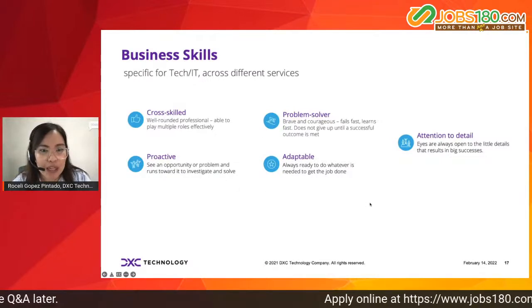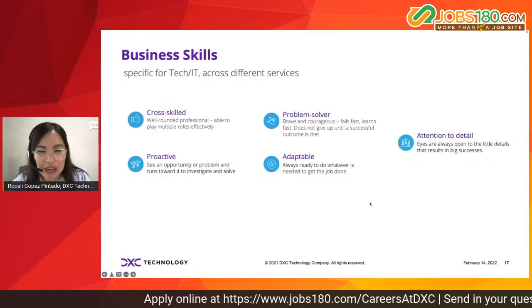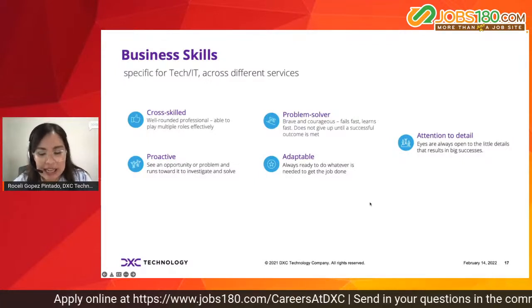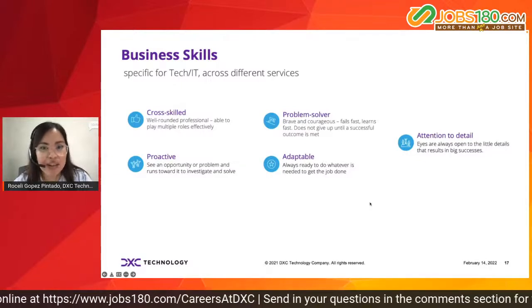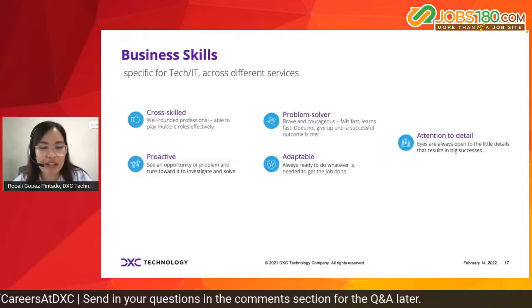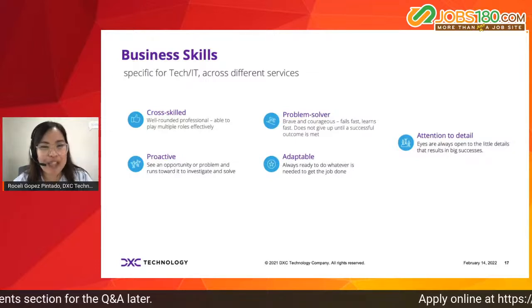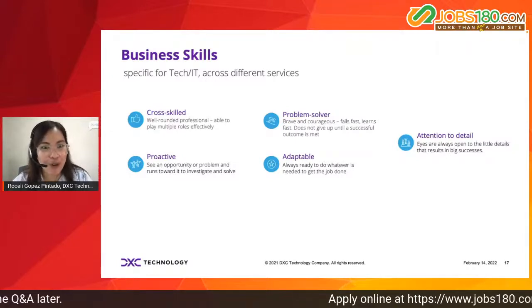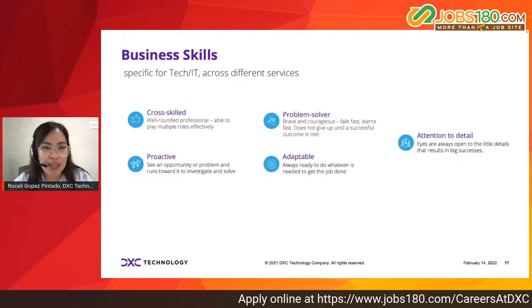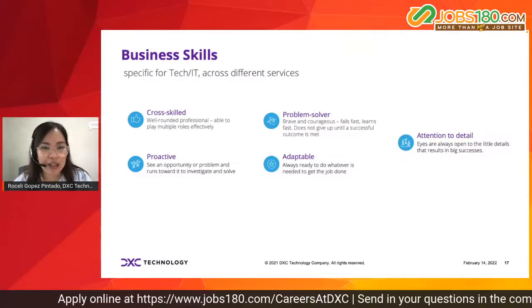Being adaptable is always being ready to do whatever is needed to get the job done. Since IT is a very dynamic space, sometimes your roles and responsibilities aren't black and white, right? There are a lot of times where something isn't clearly defined as your role, but you know that it's needed to get the job done.